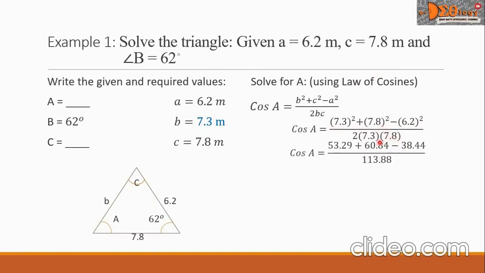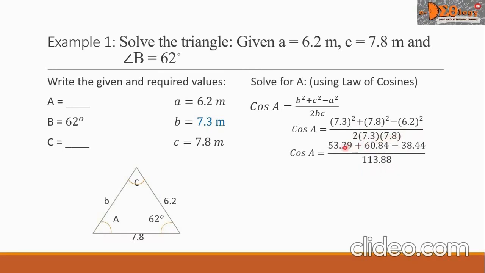Then simplifying further, 7.3 square is 53.29 plus 7.8 square is 60.84 minus 6.2 square is 38.44. Let us get the product of 2 and 7.3 and 7.8. And the product is 113.88.